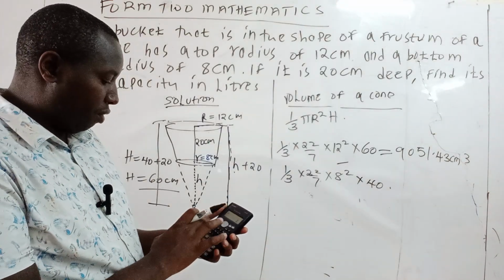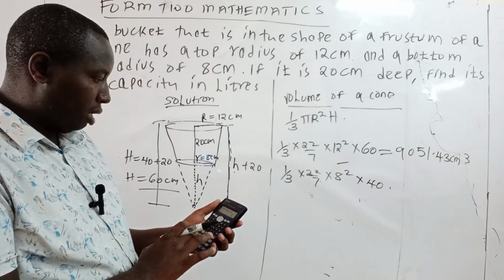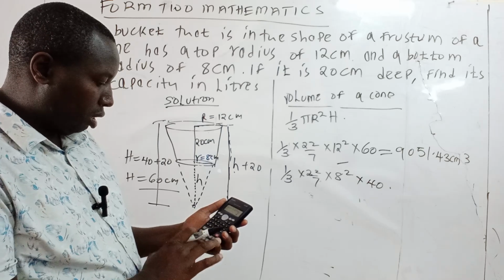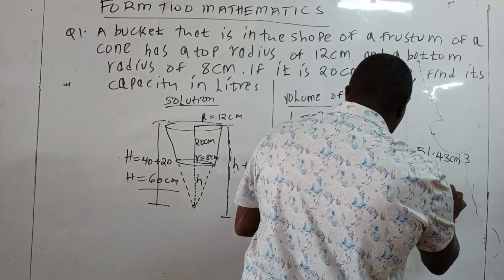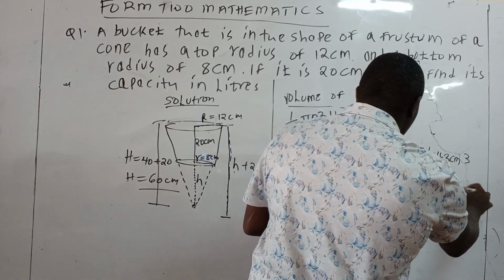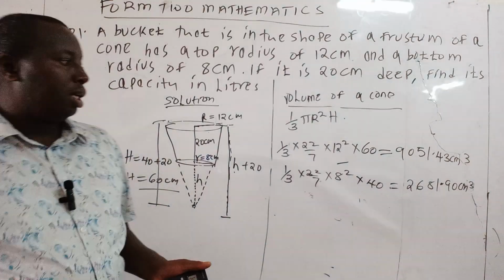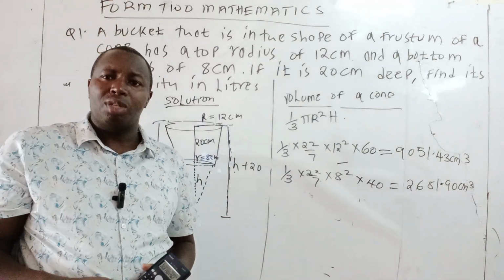Then you find the volume of the small cone, one third times 22/7 times 8 squared times 40. In this case, you get 2681.90 centimeters cubed. So that's what you're supposed to do.